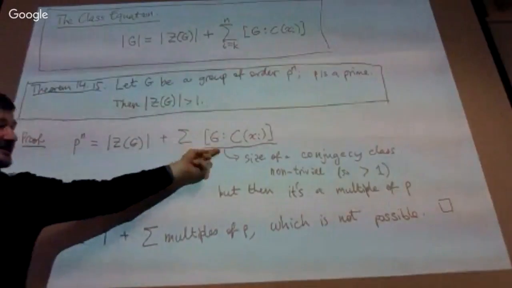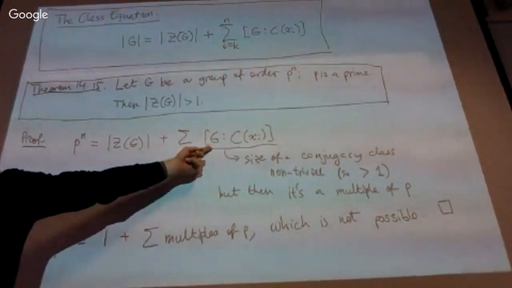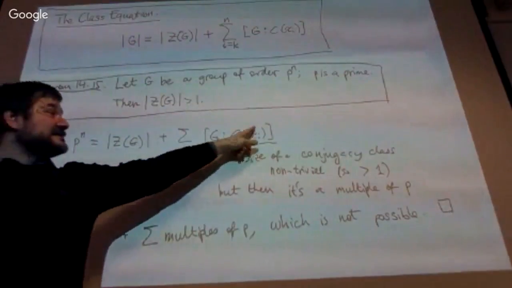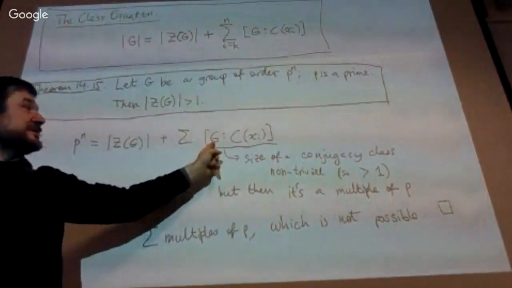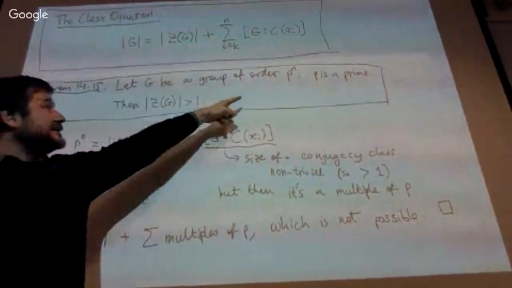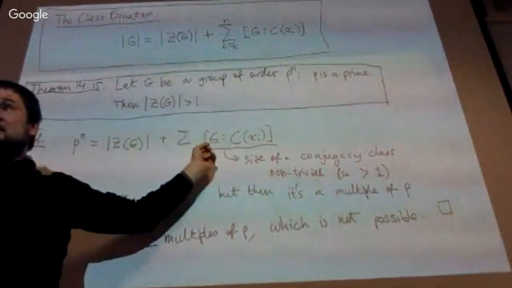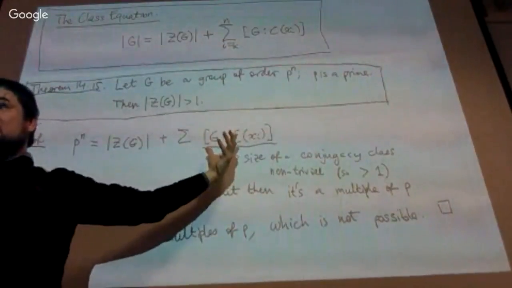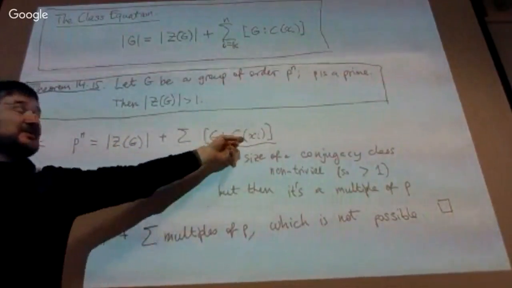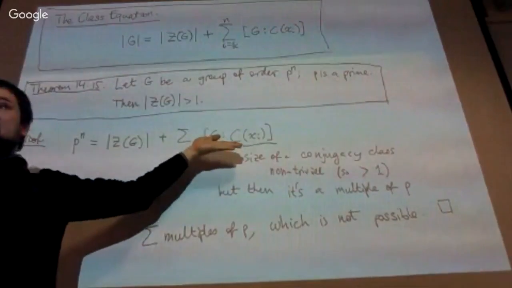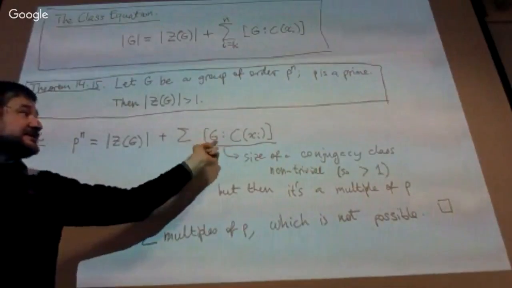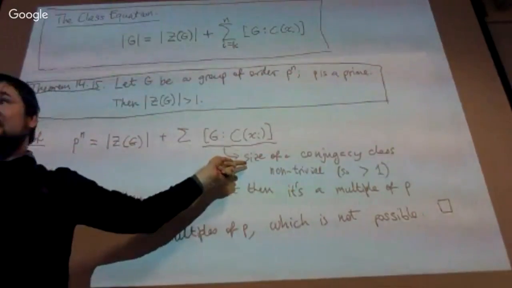Why is this a multiple of p? This is a subgroup of that group. That group, by assumption, has order p to the n. Its subgroup has order p to the k, some power of p. But it's not p to the n, because these are the non-trivial conjugacy classes.